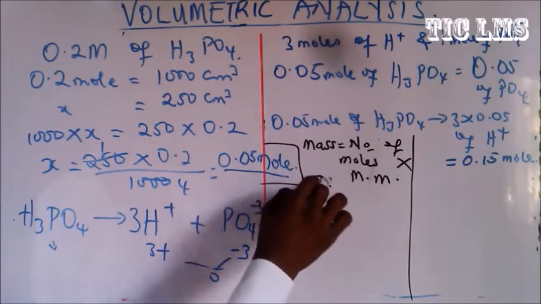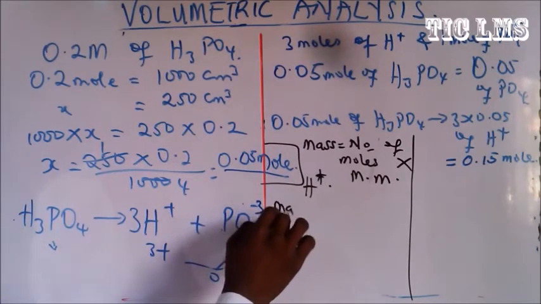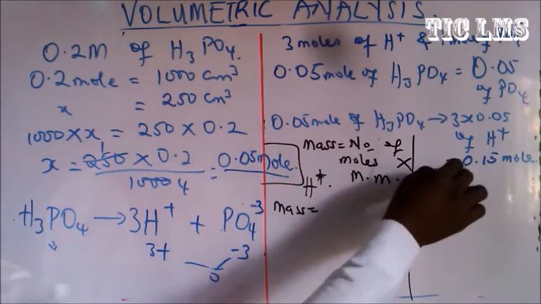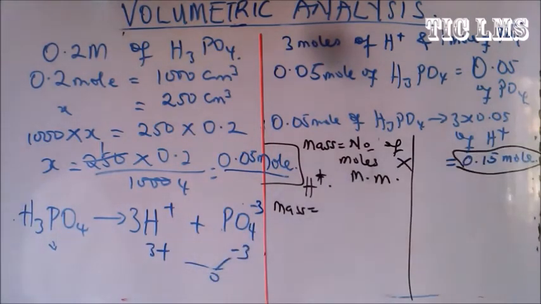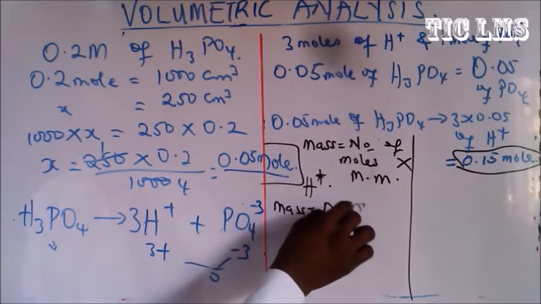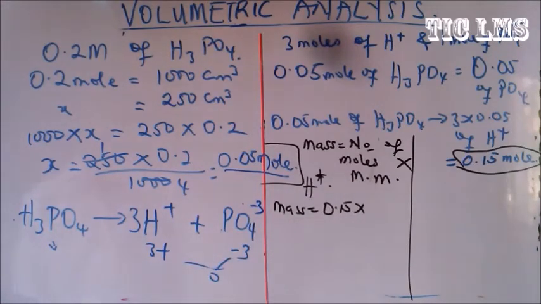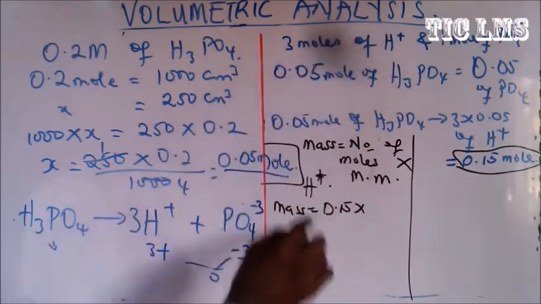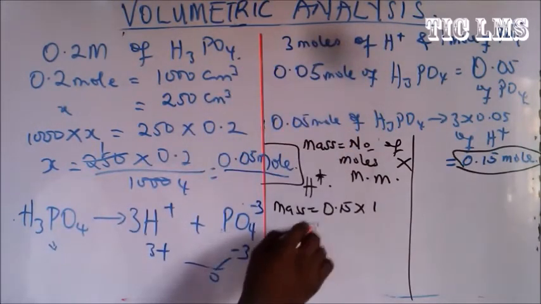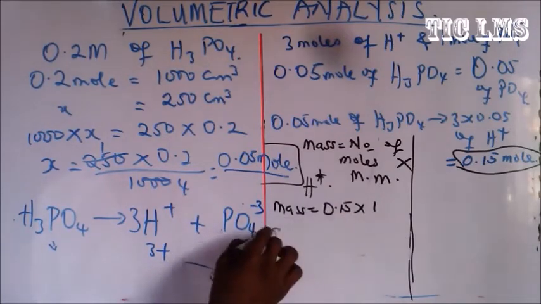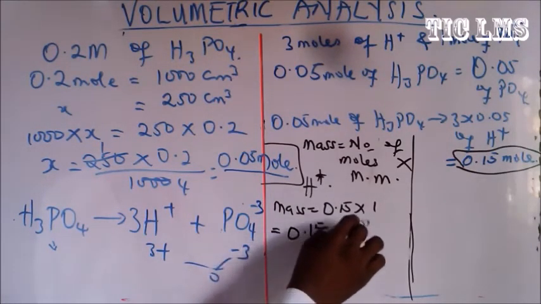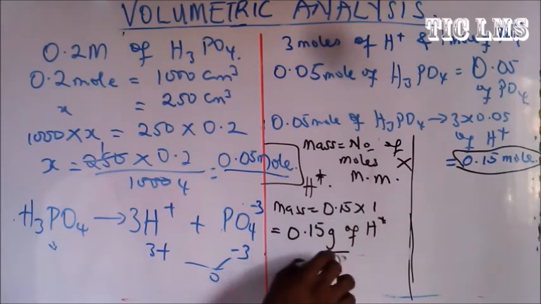So for H plus, the mass will be number of moles of hydrogen ion, which is 0.15. What is the molar mass of hydrogen? We have just 1 hydrogen there, so we have it as 1. So we multiply this, and that will give us 0.15 gram of hydrogen ion.